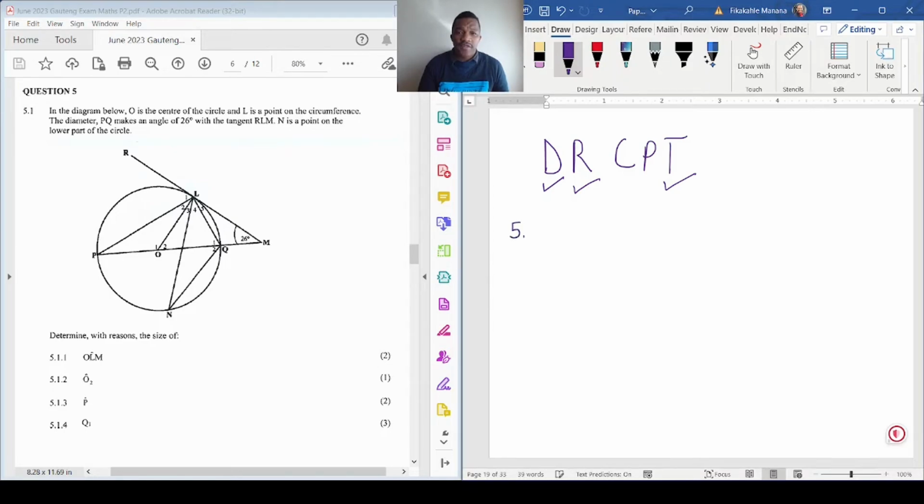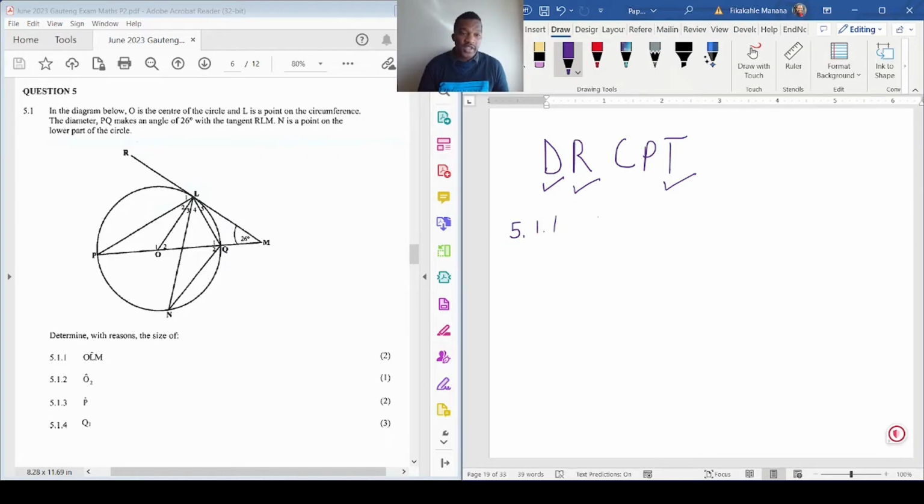Let's look at 5.1.1. They want OLM. Now, OL, that's what? The radius. Okay, M is the tangent. Now, what do we know about the radius and the tangent? We know that they are perpendicular to each other.